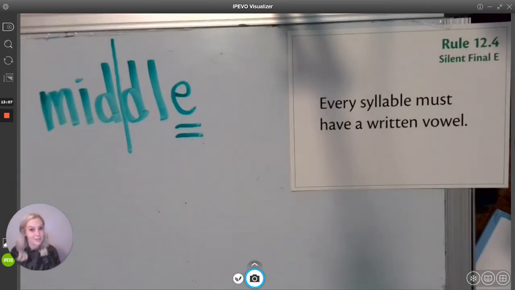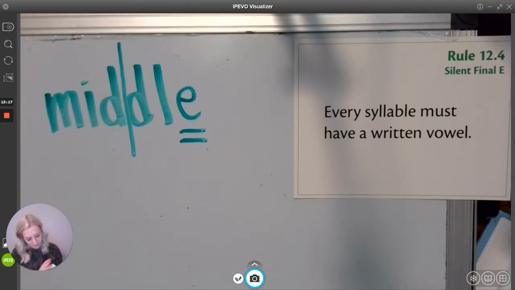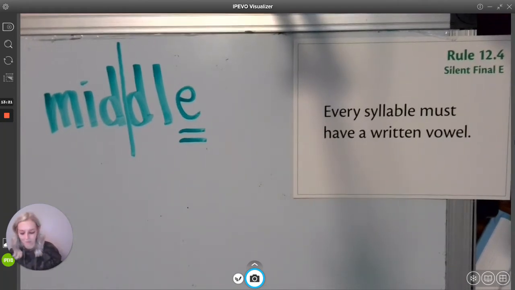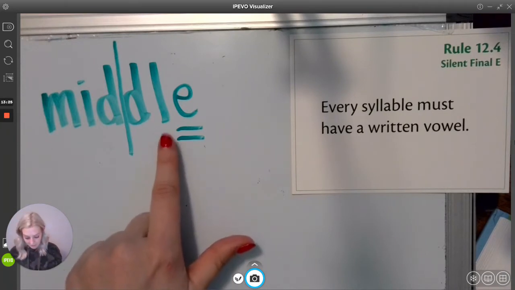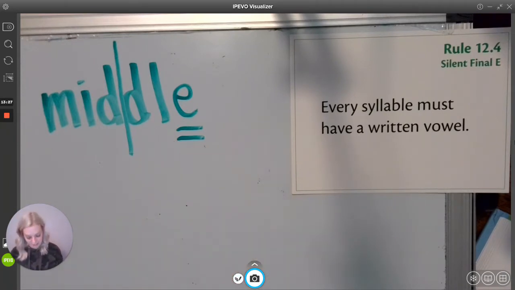All right, do you see a pattern between the words that we've written? Between candle, middle, and what was our first word? Table. That's right. We see consonant L and then silent E.